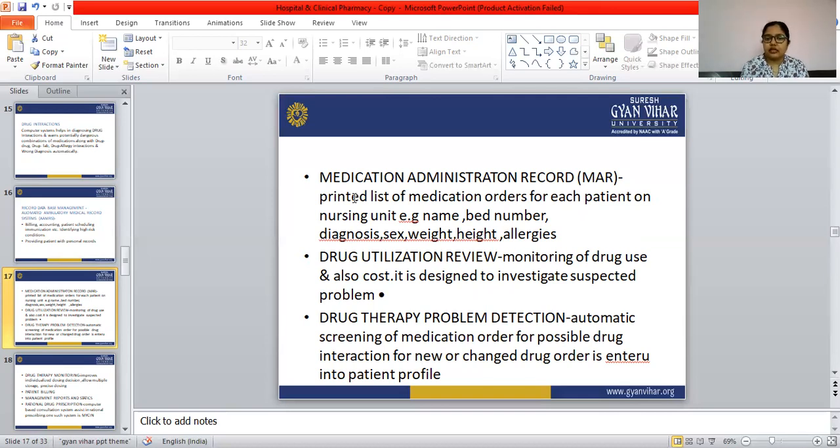And next is drug therapy problem detection. The computer can detect drug therapy problems. This is the automatic screening of medication orders for possible drug interactions for new or changed drug orders entered into the patient profile.